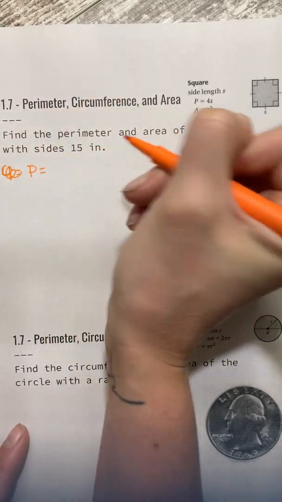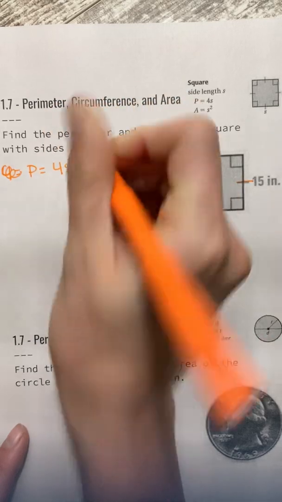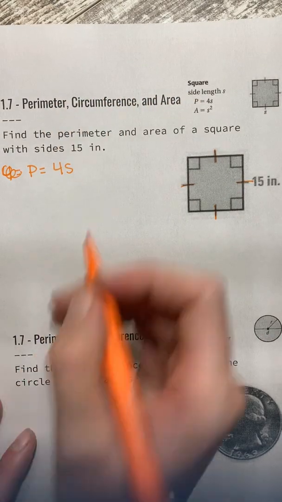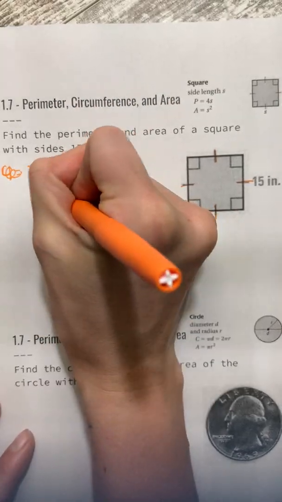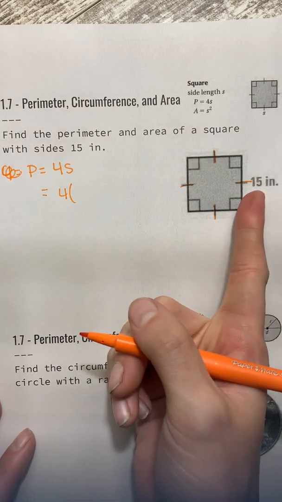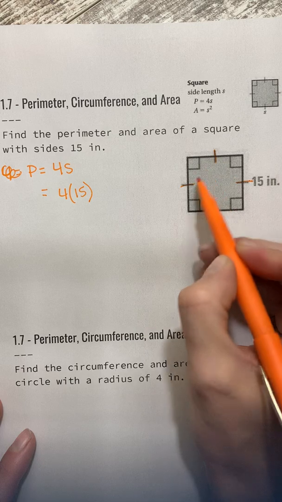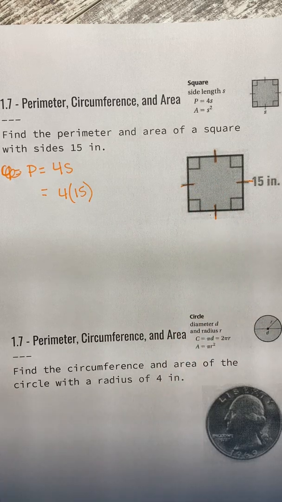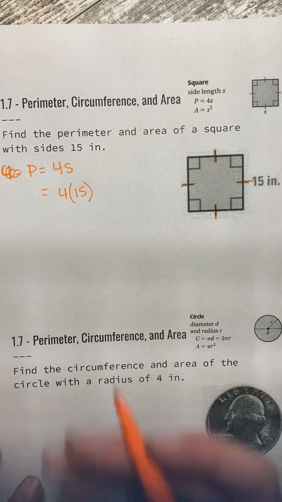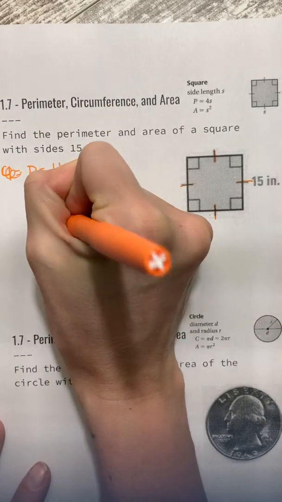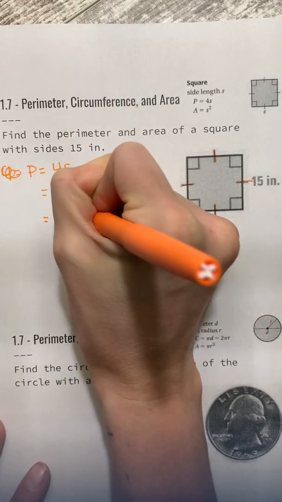So perimeter is equal to 4 times s. Okay, so that means we're going to do 4 times my side length, which is 15. Okay, perimeter, you just add up all the sides, but since they're all the same, instead of adding 15 4 times, I can just do 15 times 4, and I find out that perimeter is 60 inches.